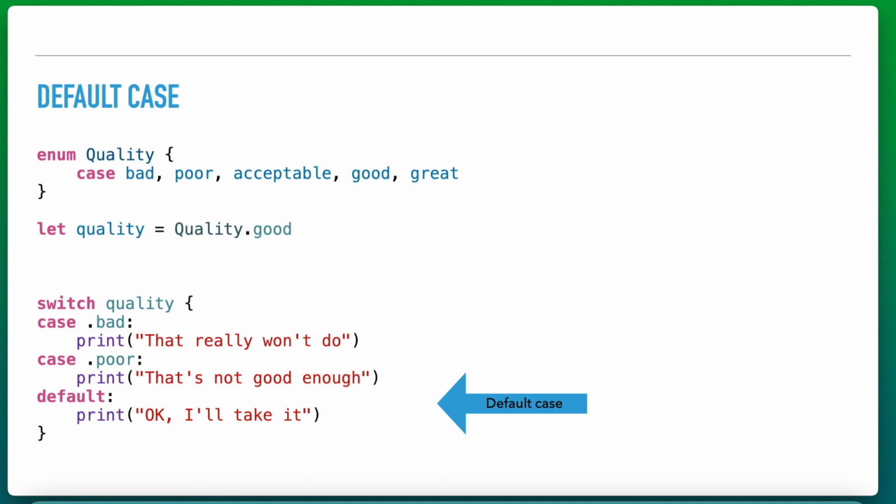So if my case is bad, I have a print statement that says "that really won't do." If my case is poor, I have a print statement that says "that's not good enough." And if I have anything else, my default will print "okay, I'll take it." So if it's acceptable, good, or great, it will print this default.